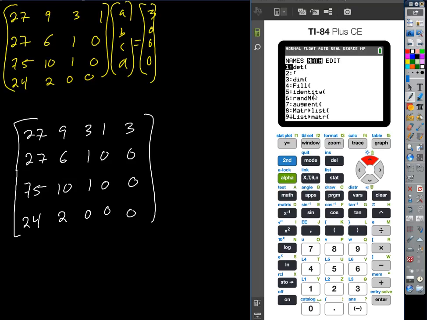That's B, so scoot up to B. We're going to do reduced row echelon form for matrix A. So we go to the matrix screen, use the names menu to grab matrix A, close the parentheses, and hit enter.